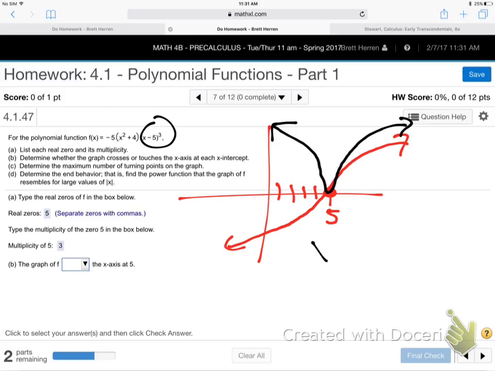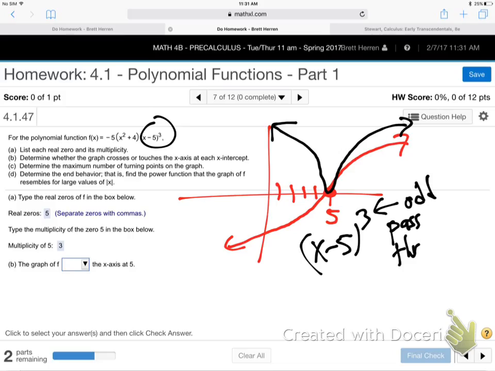So we have x minus 5 to the third power. That power tells you the story, whether it's going to bounce or pass through. If it's odd, which it is in this case, I got it backwards, it's not going to bounce. It's going to pass through. Odd powers pass through. Even powers bounce.